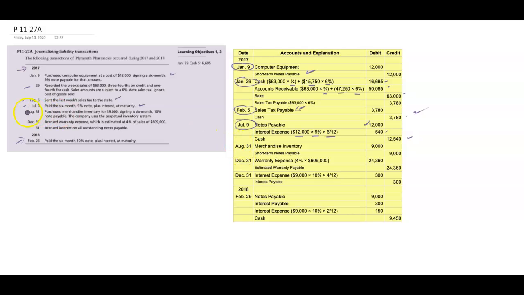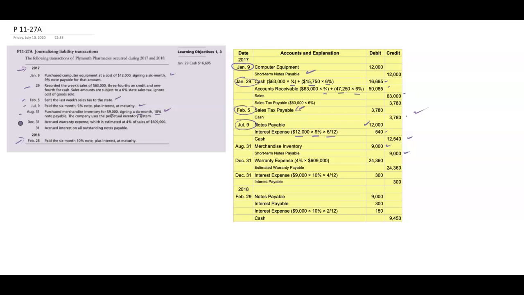On August 31st, you purchase more merchandise, in this case inventory, 9,000 with a 10% note over also 6 months. So again, you're going to book the inventory, and then you set up the note payable on the 31st. The next transaction, the 31st, is warranty expense.